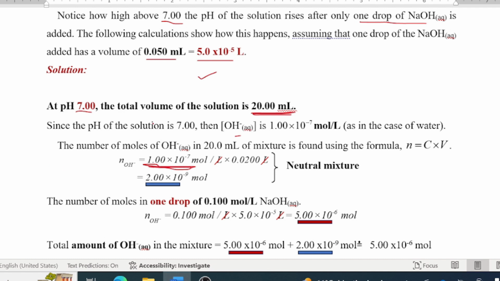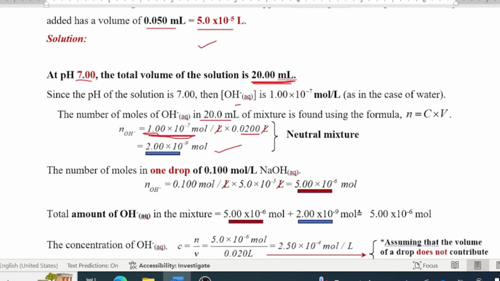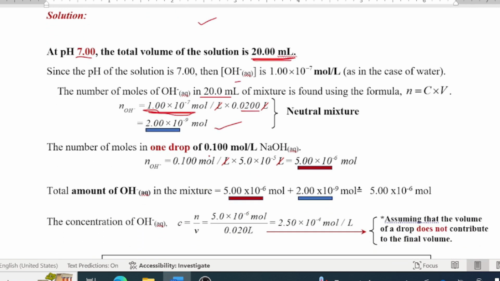We're more interested in OH ions. So the number of moles of OH ion in 20 milliliters at the equivalence point will be equal to the concentration of OH in the solution times the volume, which is this. So the total amount of OH ions that we have inside there at the equivalence point is equal to that. Now, what is the number of moles of OH that's added from 1 drop of sodium hydroxide of this concentration?